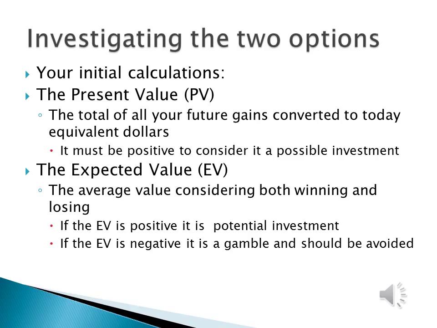We also have the expected value. The expected value is the average return considering both the possibility of winning or losing. Technically, it's called the probability weighted average of all possible outcomes. So the present value is the total of all our future gains converted to today's equivalent dollars after we subtract the costs associated with them.